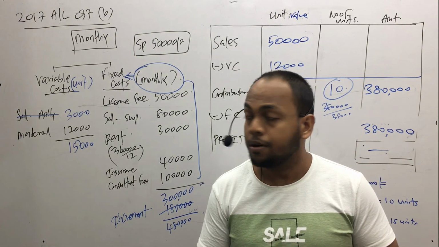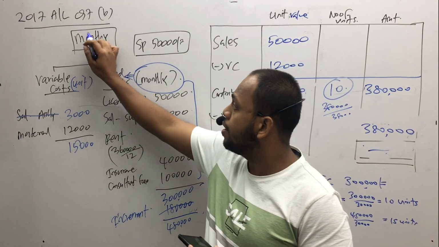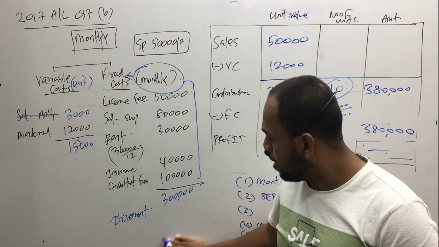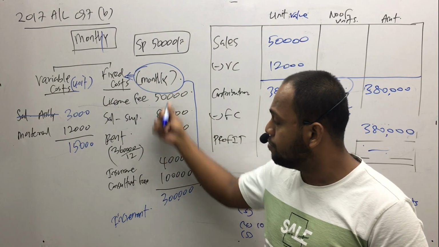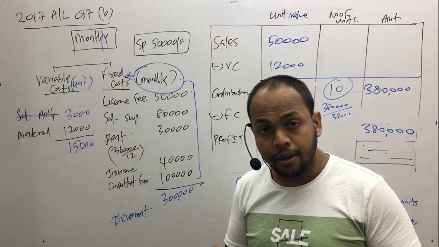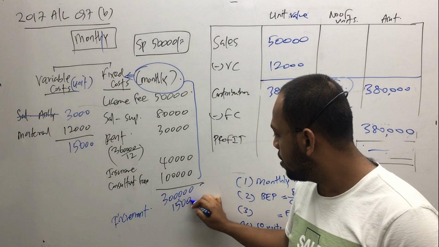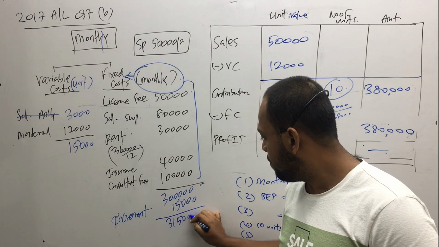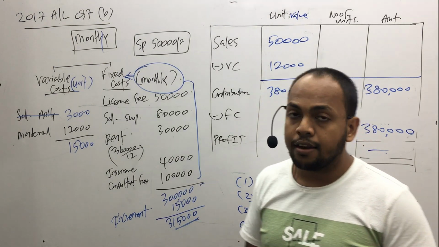No, it's not correct, because as I said earlier, this is monthly, right? So monthly means you have to take the monthly increment. All these values are monthly. So 180,000 per annum means 15,000 per month. So total fixed cost is 350,000.